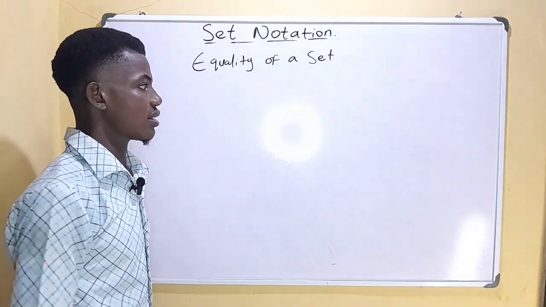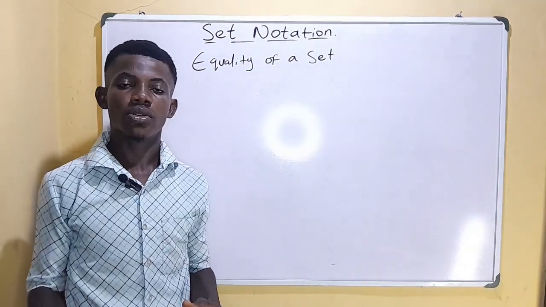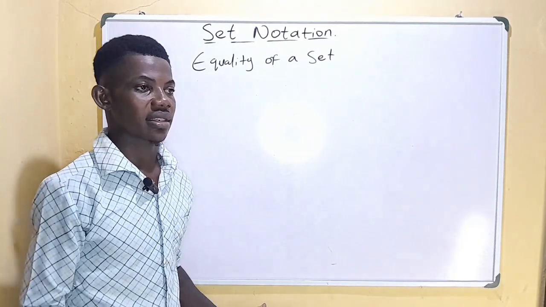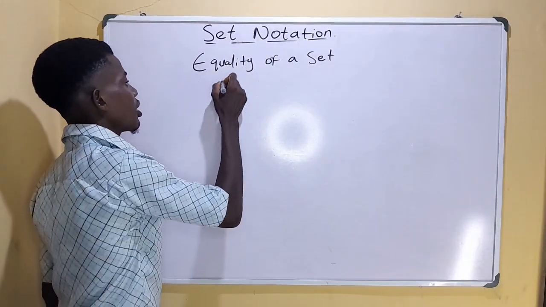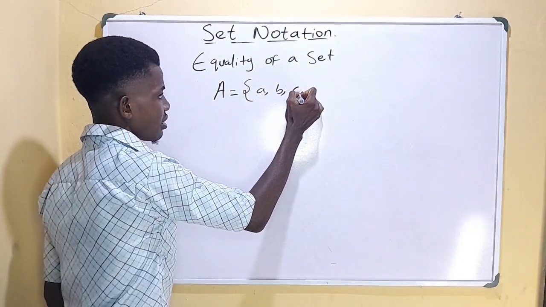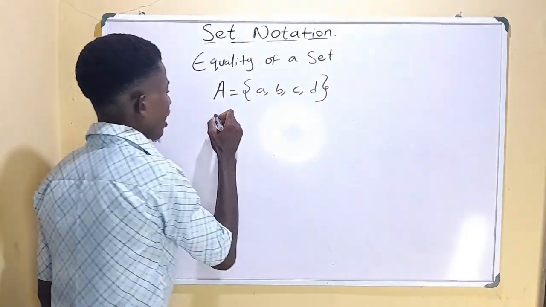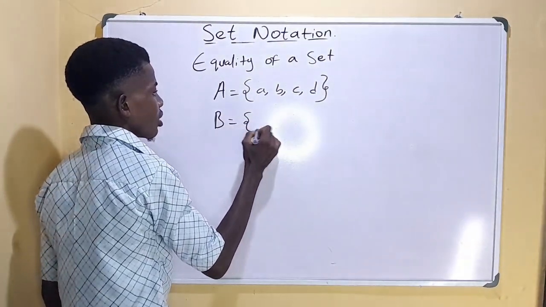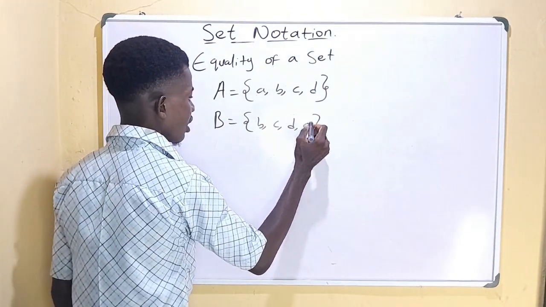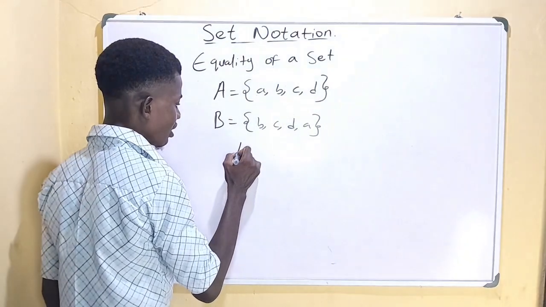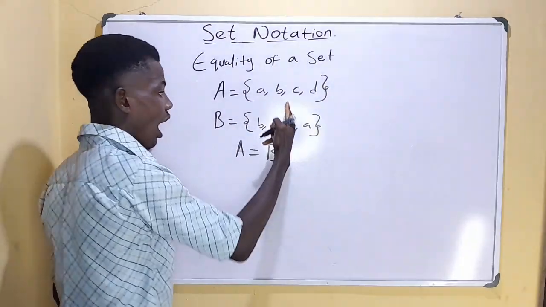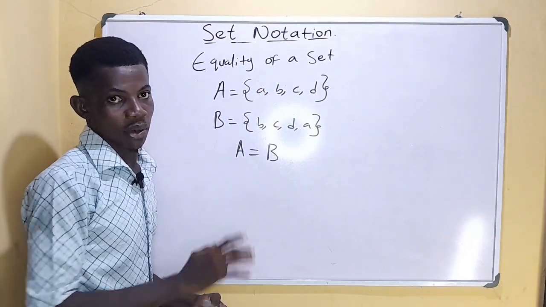Equality of sets. Two sets are said to be equal if they contain exactly the same elements. For example, if set A contains A, B, C, D, and set B contains B, C, D, A, we can say that set A is equal to set B. The order of elements is not important here.